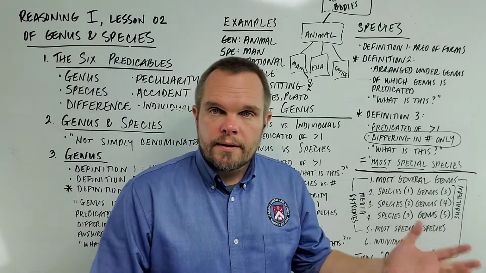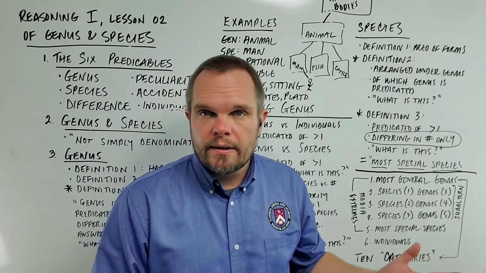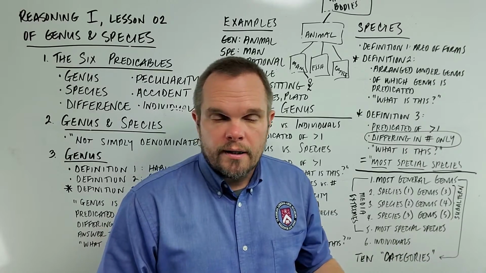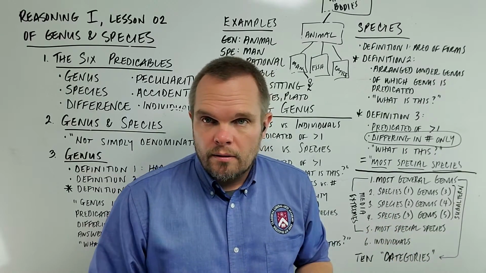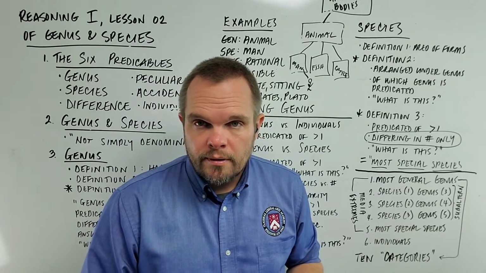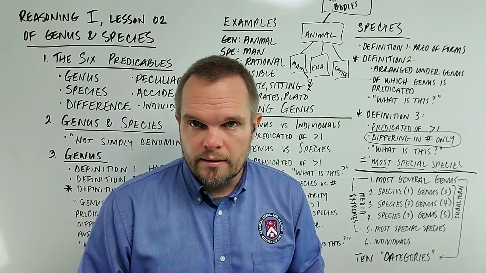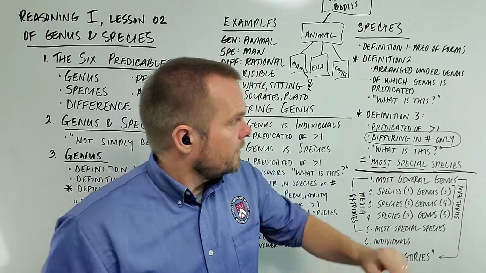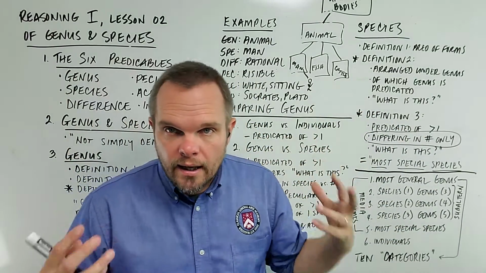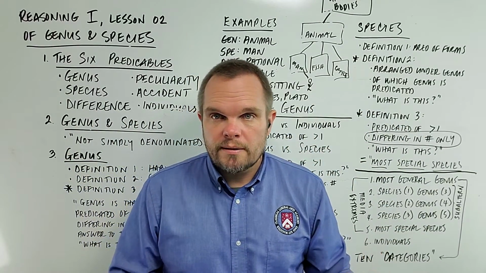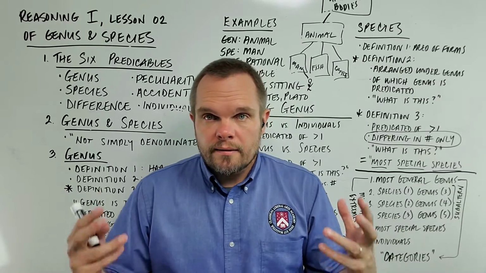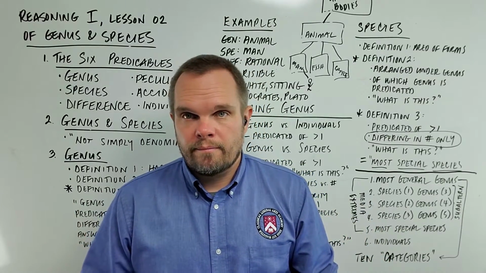We can only understand what the categories are if we rightly understand what genus means, if we rightly understand what species means. And there are two different kinds of species. Now you can see that's confusing.